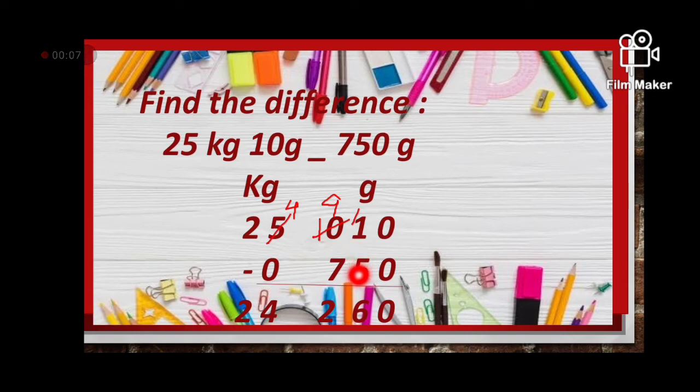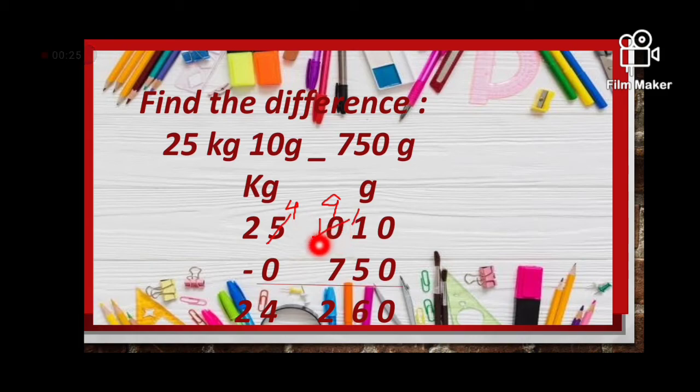We cannot subtract 5 from 1, so we have to borrow, but this number is also 0. So we will borrow from 5, and this 5 will be 4 and this 0 will be 10.